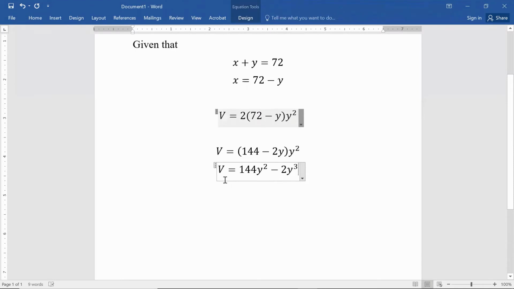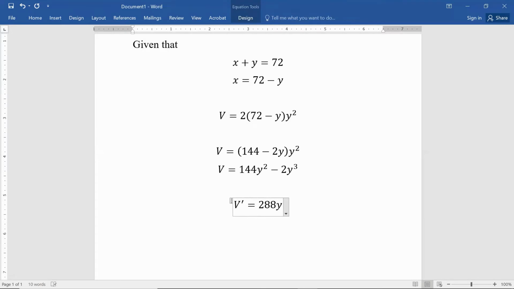Now what I'm trying to do is find a maximum value for this V. Now, I had that x plus y equals 72. Also, we can't forget x and y are both positive. So I need to find the y that gives me the maximum value such that y is positive. In order to find a maximum, I'm going to look for the critical values by taking a derivative.